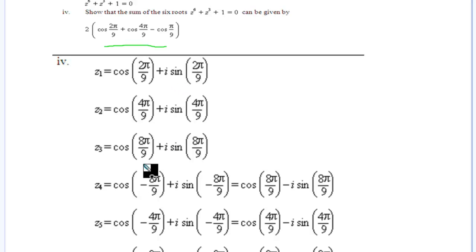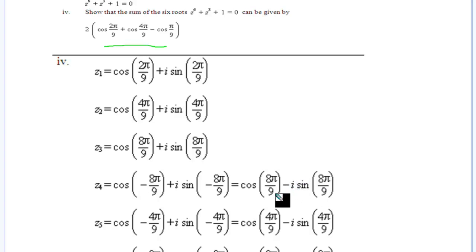So doing that, we want to keep z1 to z3 as normal, but z4, z5, and z6, we can write like this. So cos of minus 8 pi on 9 is the same as cos of 8 pi on 9, because it's in the fourth quadrant, so it's going to give us the same value.